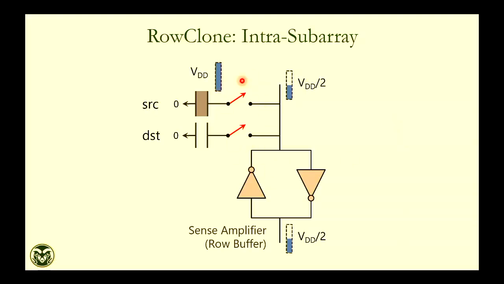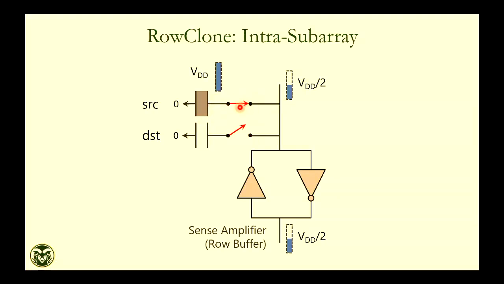And if you want to see how row cloning happens on a cell by cell basis, suppose the source cell is charged and the destination cell is discharged. This is your VDD, this is the VDD by 2 bit line, and this is the access transistor. What you will do first is sense the source, so you activate this source word line.